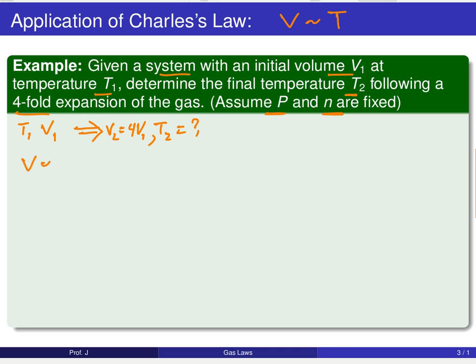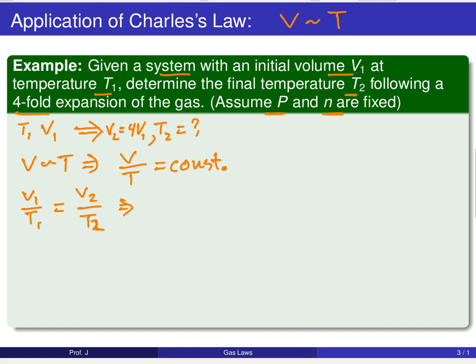So what that means is that volume divided by temperature is always going to be a constant. As a result, the ratio of V1 over T1 is going to be equal to the ratio of V2 over T2. And so our goal here is to solve for T2. So we need to solve for this variable that's down there in the denominator.